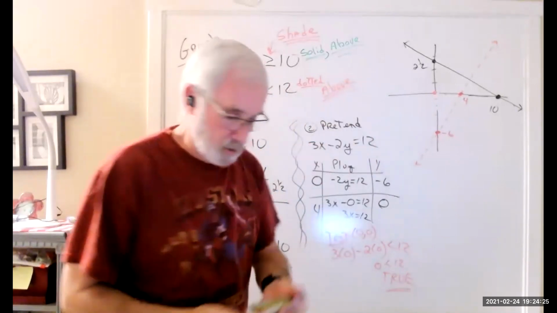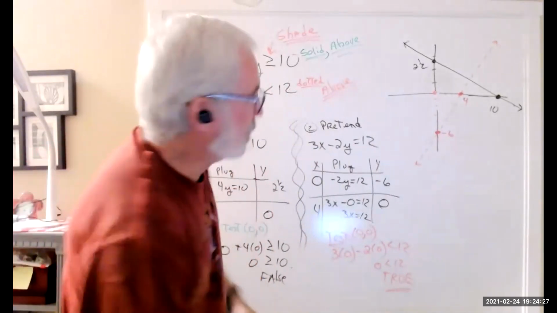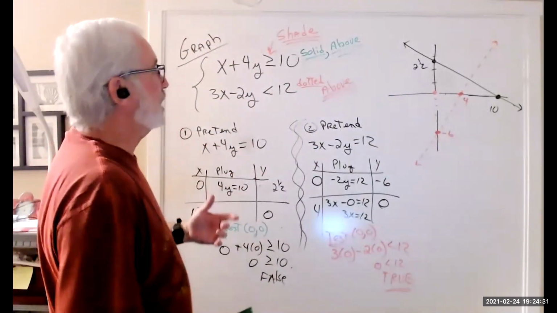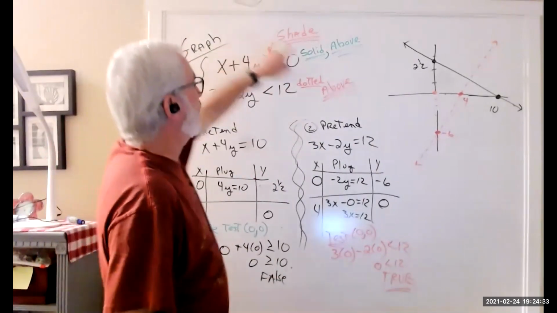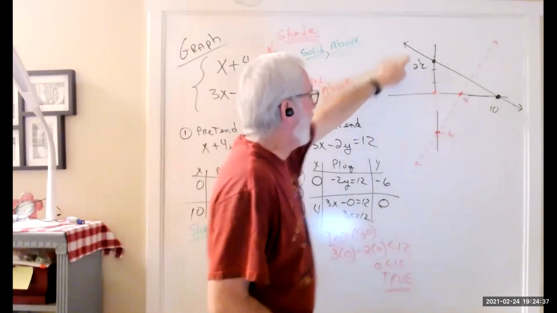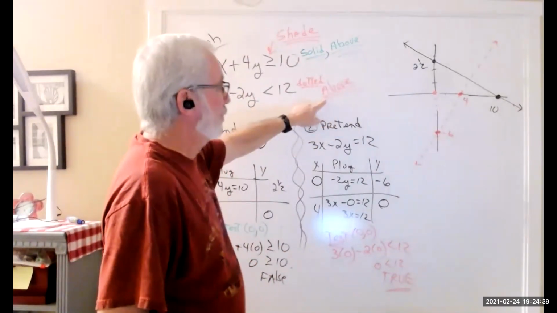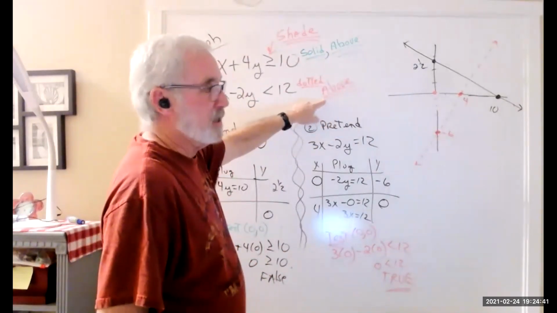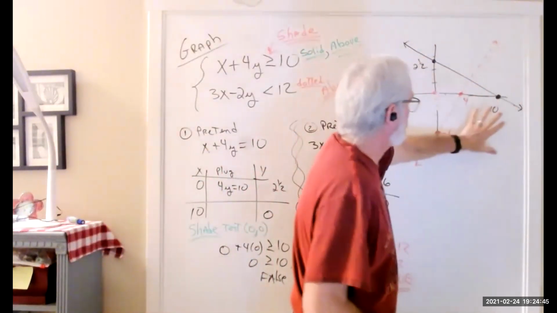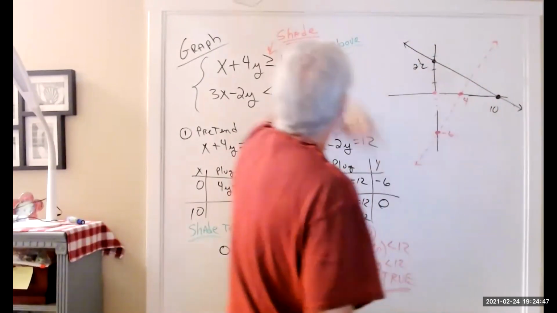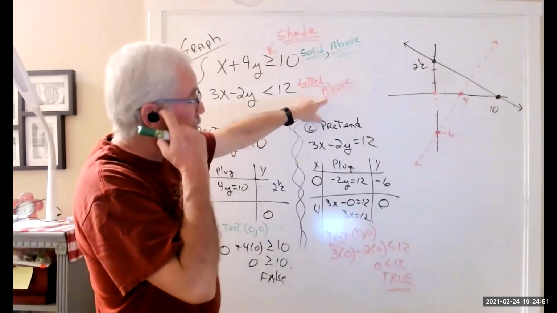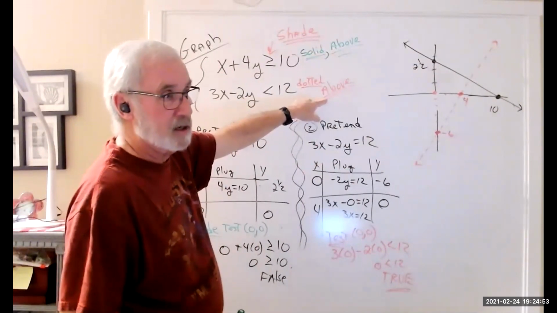Okay. So now for my final answer, I need to shade above the black line and above the red line. I need to shade the region. Here, there's 4 regions. Which one is above the black and above the red line simultaneously?